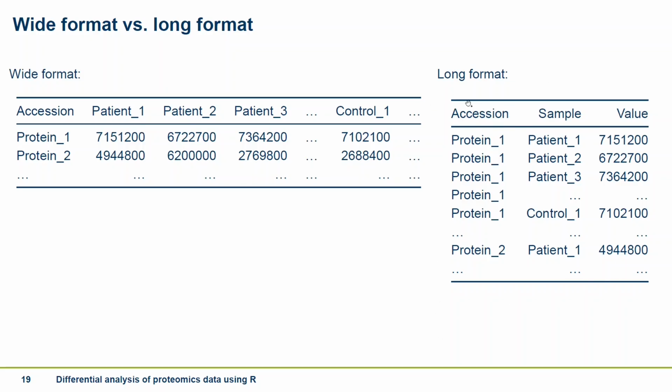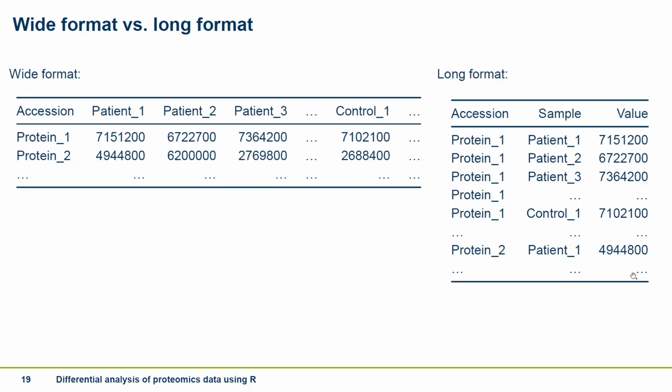So we have here also an accession column, but you see that each protein accession is there multiple times, because then we have a sample column where each sample is written down, and then there is only one single value column here. So basically, this line here corresponds to the information in this cell of the table here.